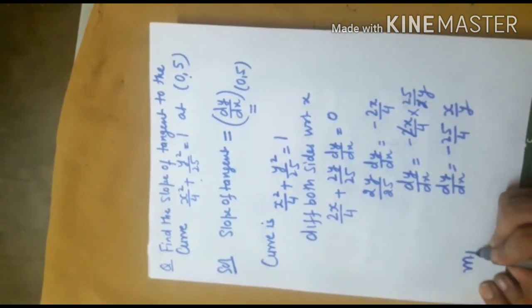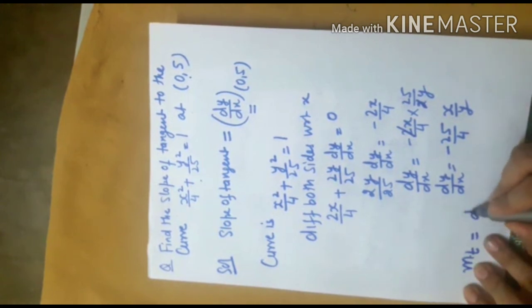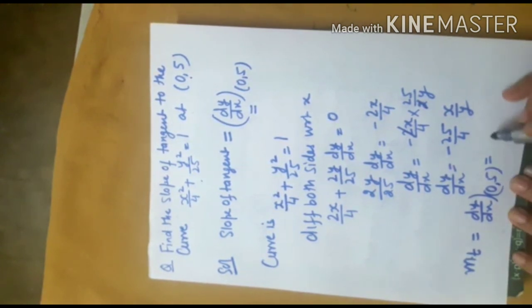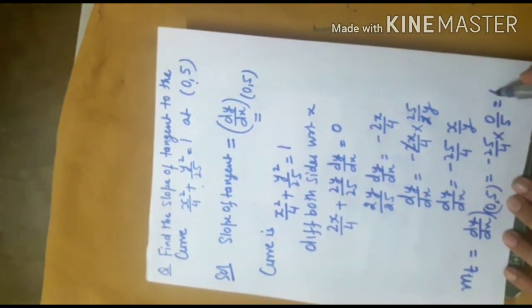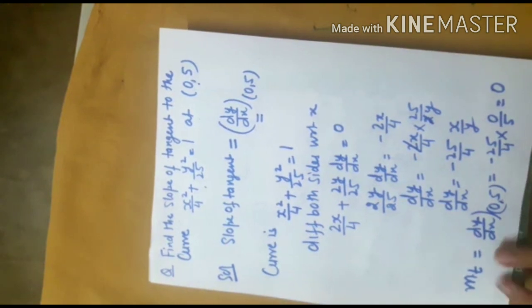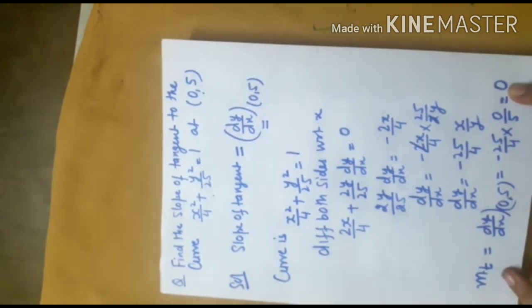So slope of the tangent is dy by dx at 0, 5. So minus 25 over 4, replace x with 0 and y with 5. So I'll get 0. So slope of the tangent is 0.